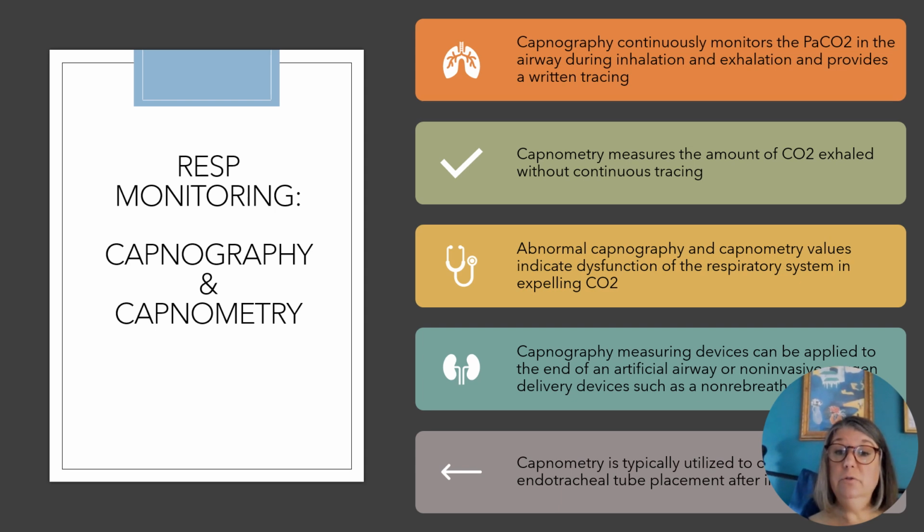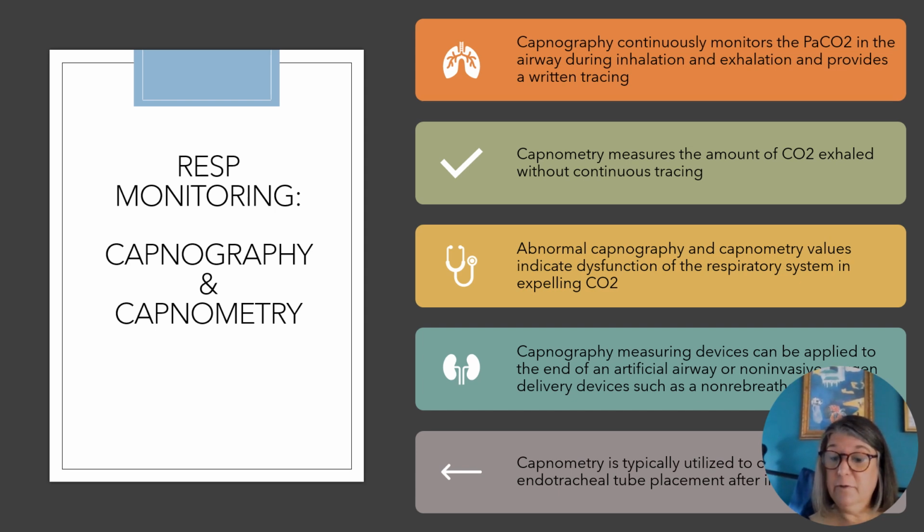We're going to look at this when we're looking at end tidal CO2, right? We're looking at the buildup of CO2. We are maybe testing things to make sure that they're in the lung. The reason we care is that abnormal capnography and capnometry indicate dysfunction of the respiratory system and expelling CO2.